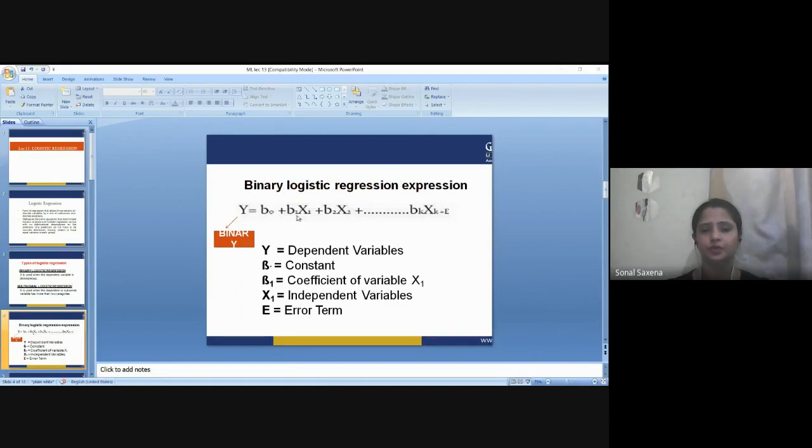Now, as I told you, logistic regression uses a sigmoid function. So let's understand what exactly a sigmoid function is. See, the sigmoid function or the logistic function is a function that resembles an S shape. It has an S-shaped curve when plotted on a graph.